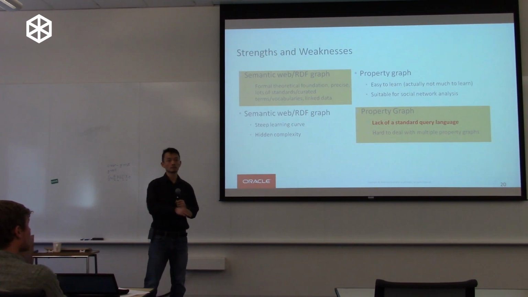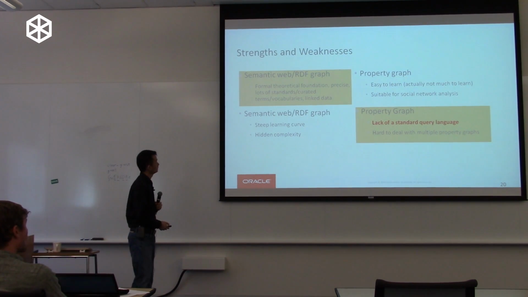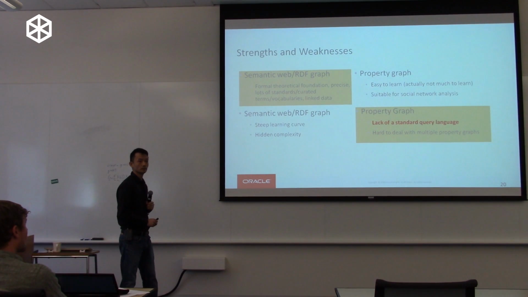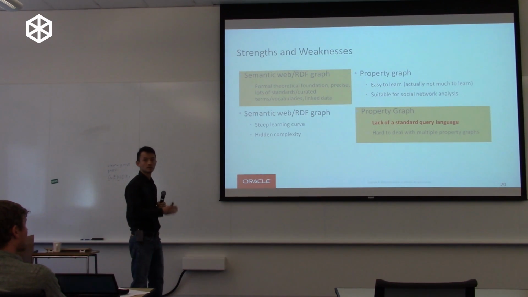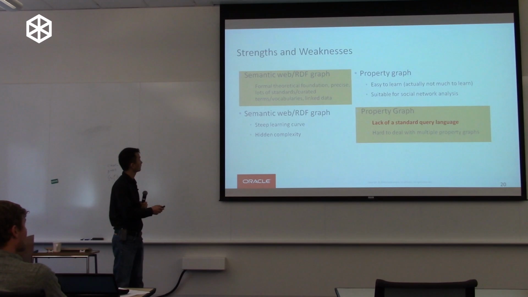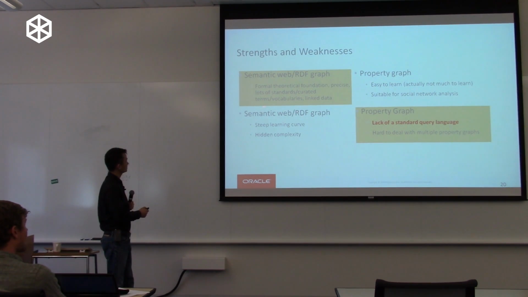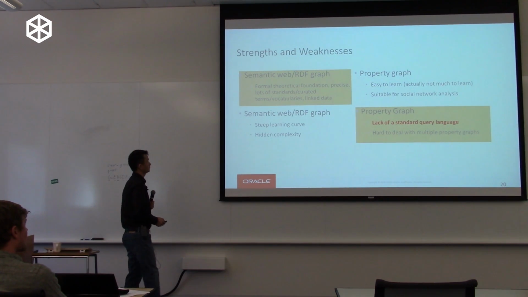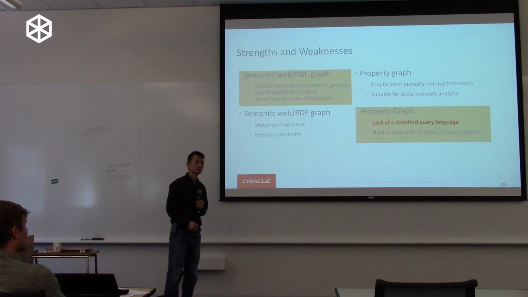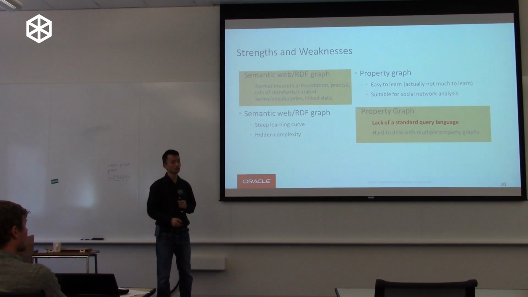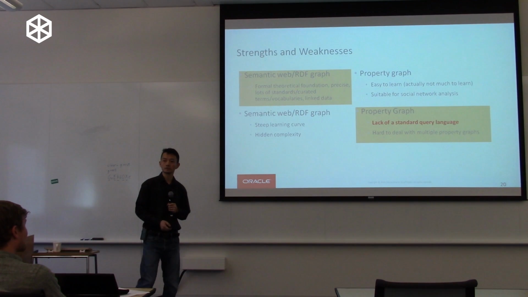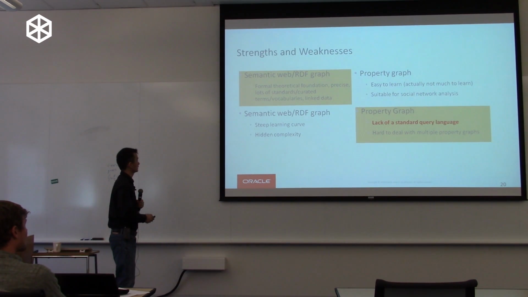There's description logic, you have entailment, you have inference, you have consistency checking. In addition, you have a lot of well-defined terms like UniProt, and well-defined ontologies. Those are really of great value.